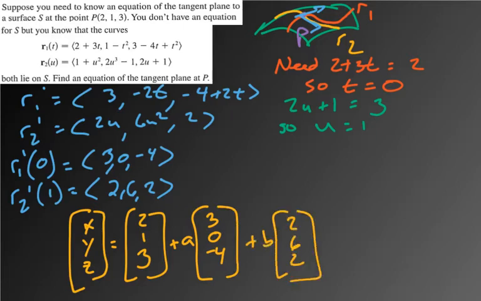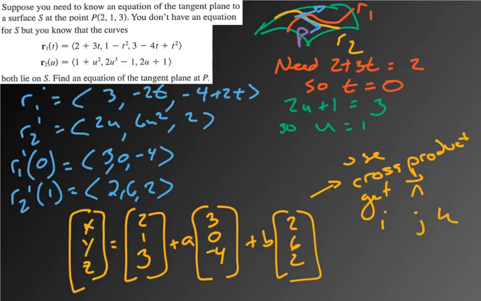And that's perfectly okay. The other option is to use the cross product and get a normal vector from that. You could do i, j, k, and put in 3, 0, negative 4 and 2, 6, 2.